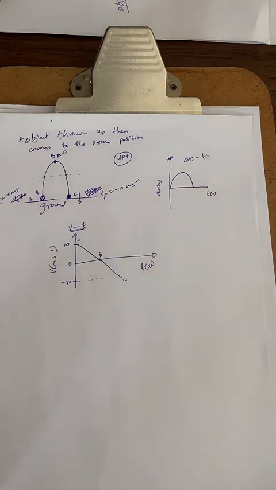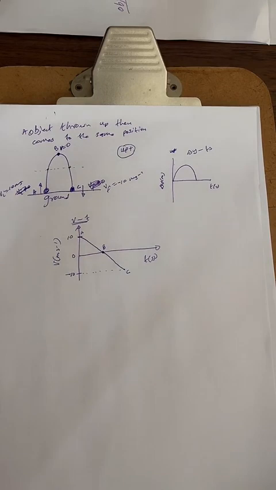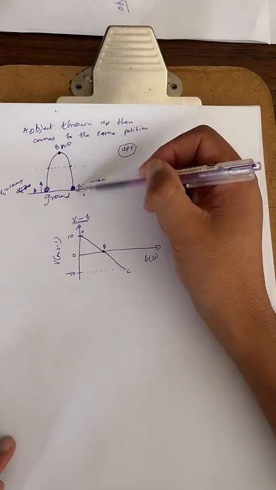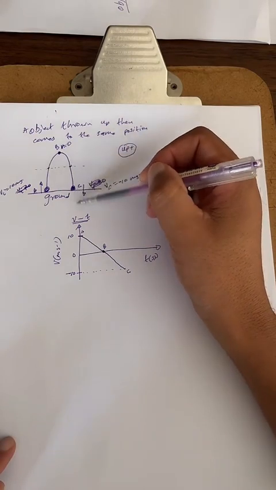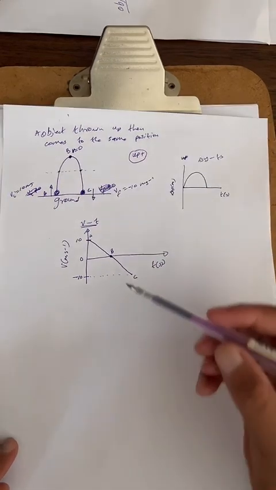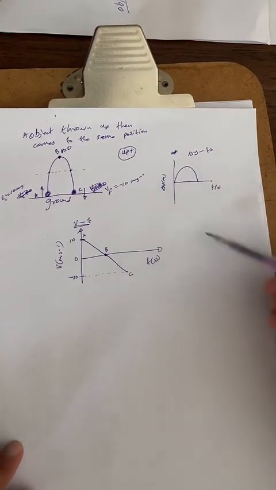And this is what happens with the motion of an object that is thrown up, then comes to the same point. If an object is thrown up and the thrower is supposed to collect it at that point, but leaves it to go to the ground, to a point lower than where it started, then this graph simply goes down like that. So let's have a motion like that.